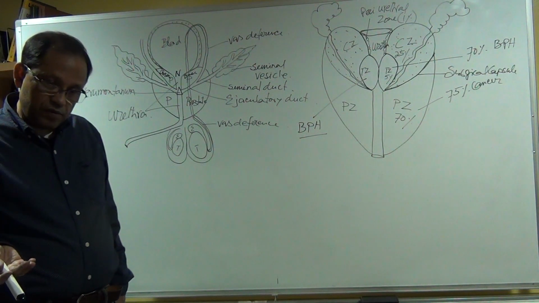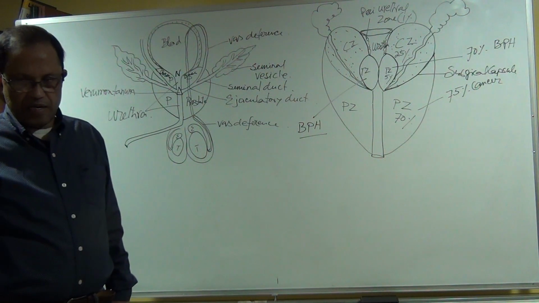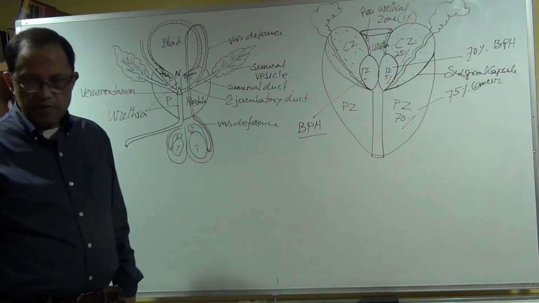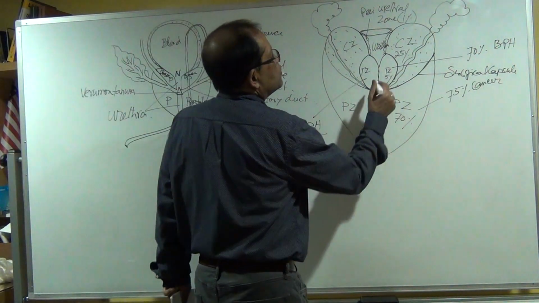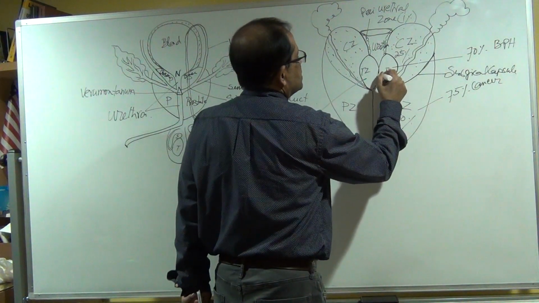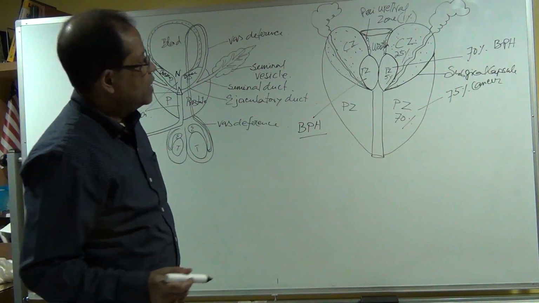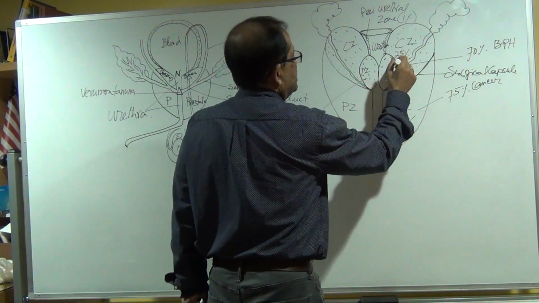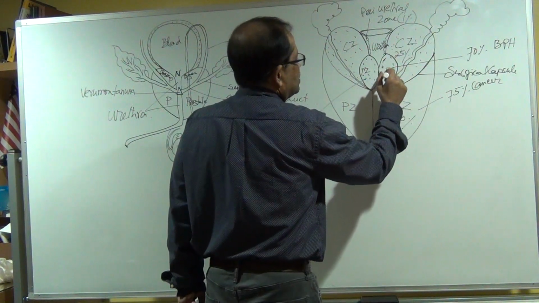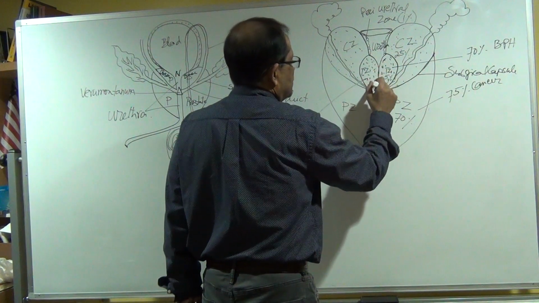Usually at 50, 60 years, 90% of men have some prostatic problem. Okay? So now, if it happens, then you will see complete urinary retention. So this is BPH.